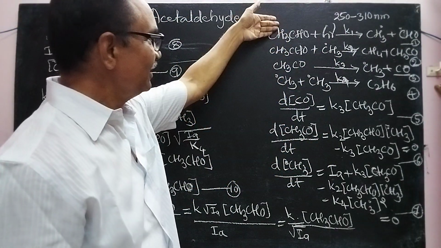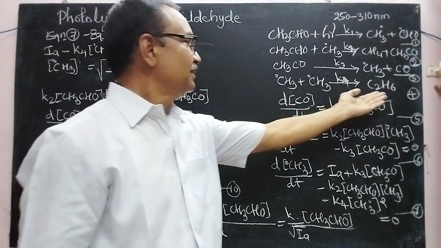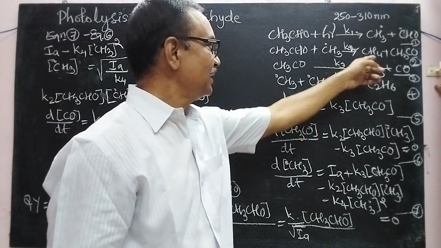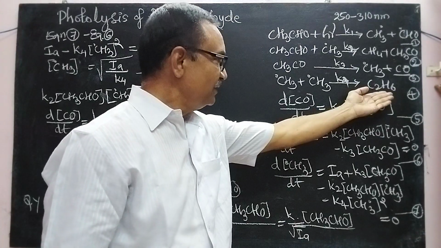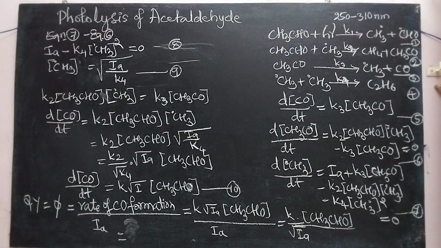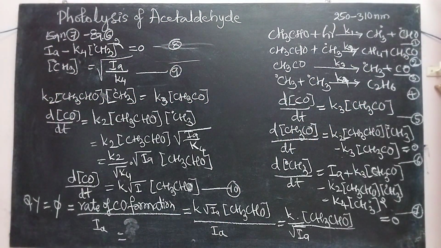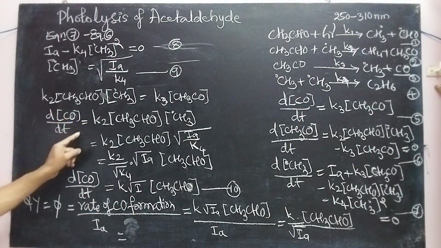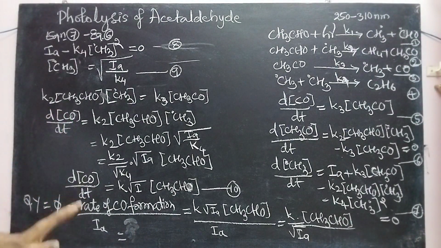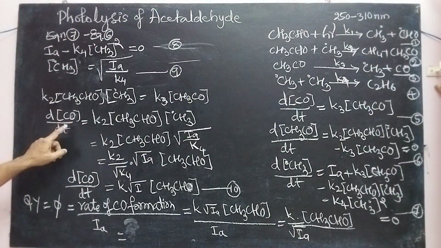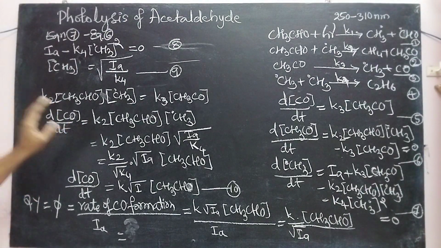Acetaldehyde is used here as well as here. Methane is formed in this reaction, and ethane is formed in this reaction. But totally, to calculate the rate of the reaction, the concentration of carbon monoxide is used. The rate of the reaction is nothing but the rate of formation of carbon monoxide.